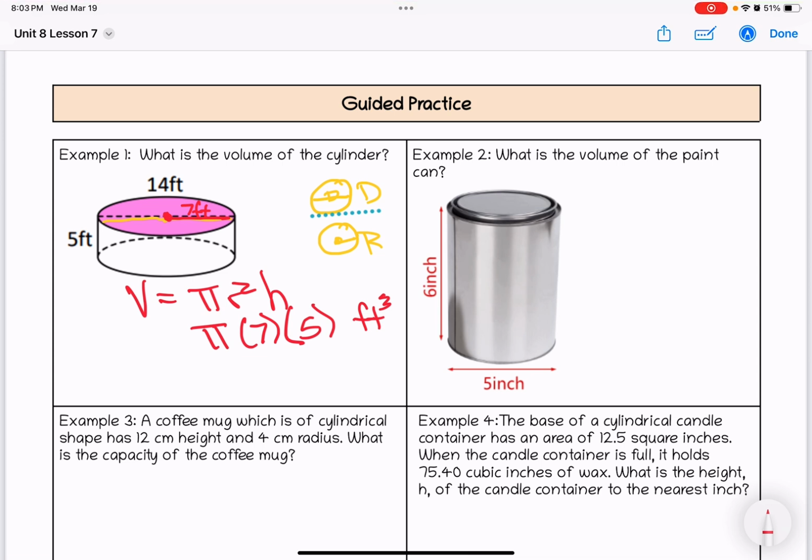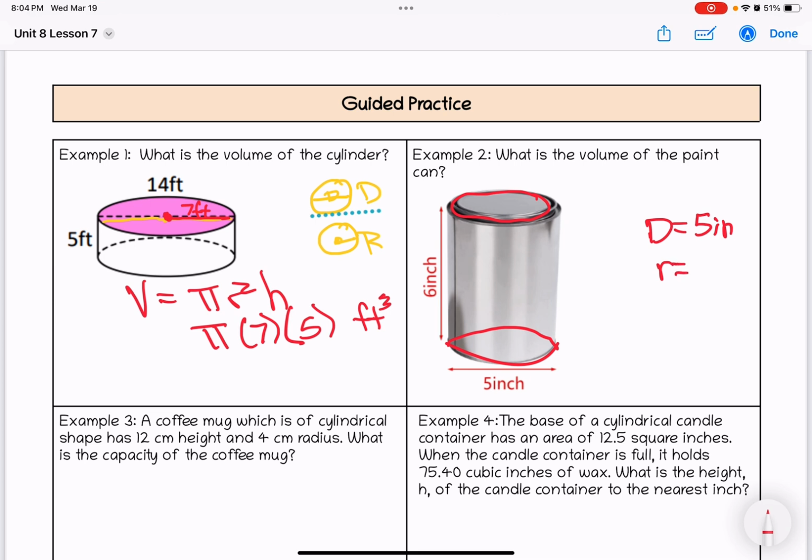All right, so here's another example, 5 inches straight across. And remember, the top is the same as the bottom. Can't see the other side of it, but it's the same. So all the way across is giving me the diameter of 5 inches, but I need the radius.